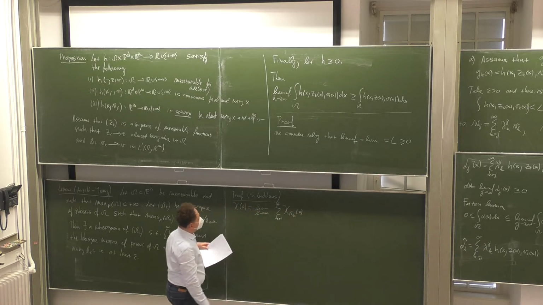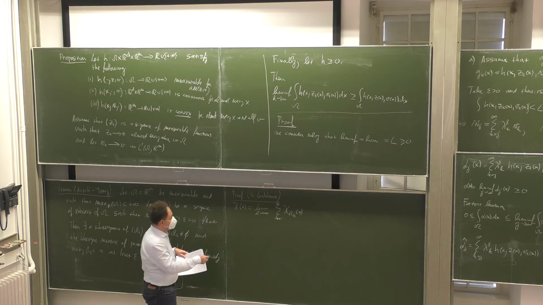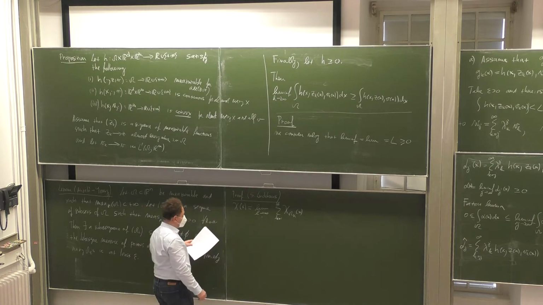So you take a sum up to L, and then you take a limit for L going to infinity.